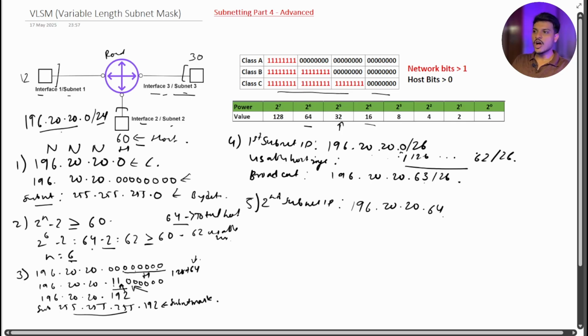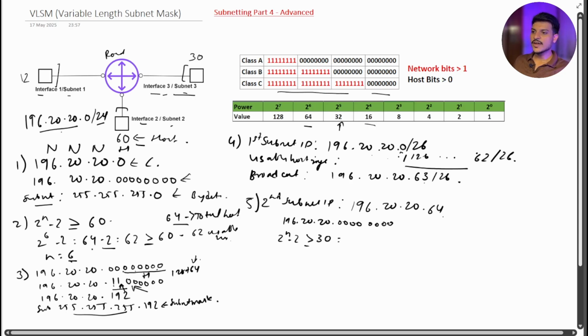Now, how many hosts do we want? We want 30 hosts. In the next step, we can write the bits that are given to network as they are, and the bits that are given to host in binary. So it will be 196.20.20.8 times 0. Now, the number of hosts required was 30, so we have to satisfy the condition that 2 raised to n minus 2 should be greater than or equal to 30.